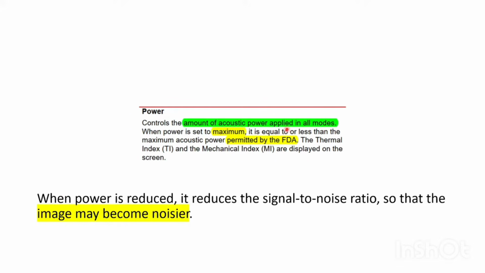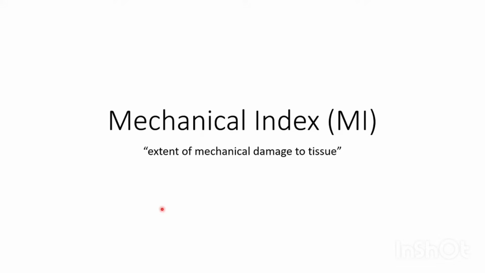I think the same applies for Doppler or color Doppler or M mode, everything, it's one setting. For all modes, it is the same. And when it is set to maximum, it is equal to or less than the maximum acoustic power permitted by the FDA. So keep the power maximum. When the power is reduced, the image will become more noisy. So keep it at the maximum.